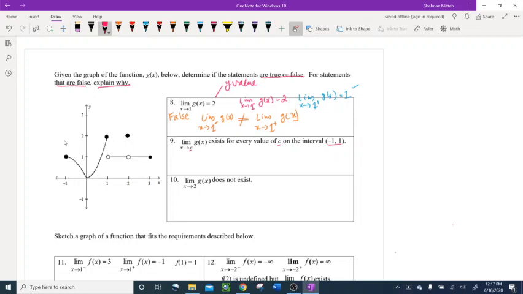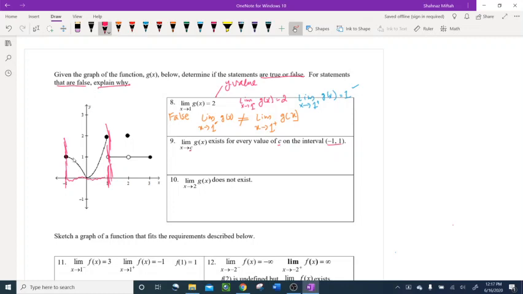If you pay attention to this graph, this is 1 and that up here, so we are talking about actually the graph up here. They said any real number, like x equals c. If I pick any c between -1 and 1, does the limit exist for those values? Yes. Look at the graph. It's a continuous function. There are no vertical or horizontal asymptotes, not like a real jump or anything like that.